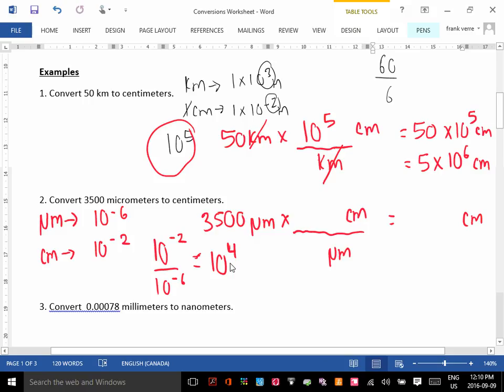Okay. So 1 centimeter is how many micrometers then? Yep. So 1 centimeter is the same as 10 to the 4 micrometers.